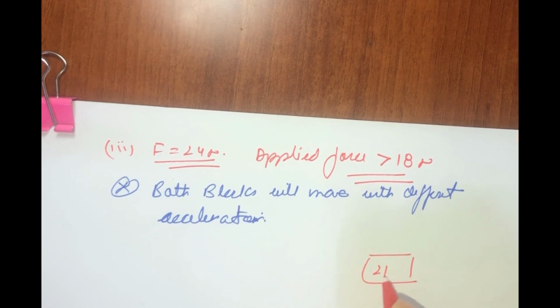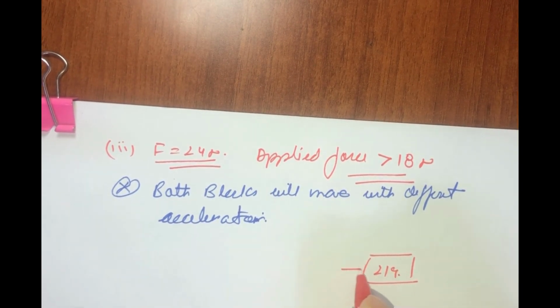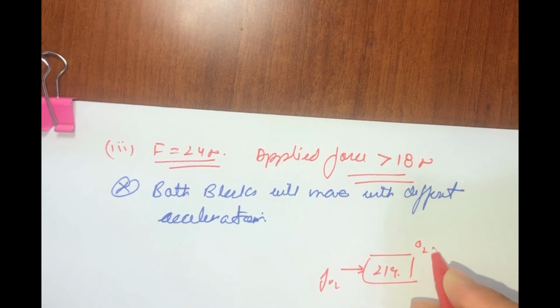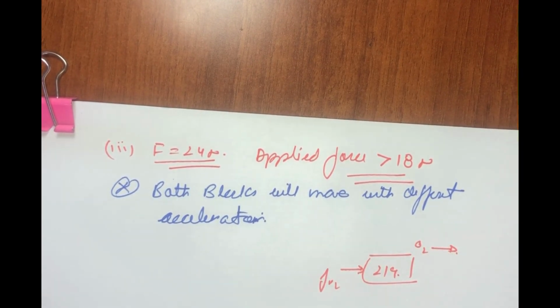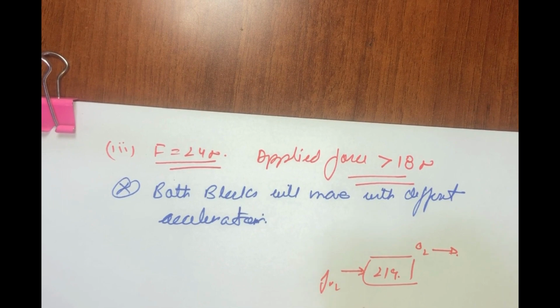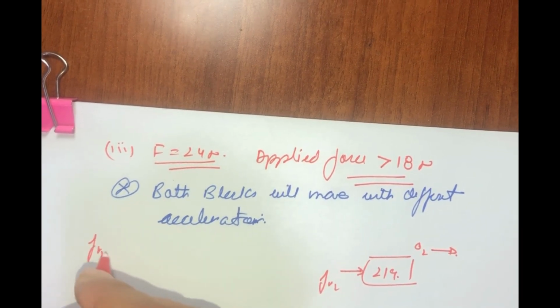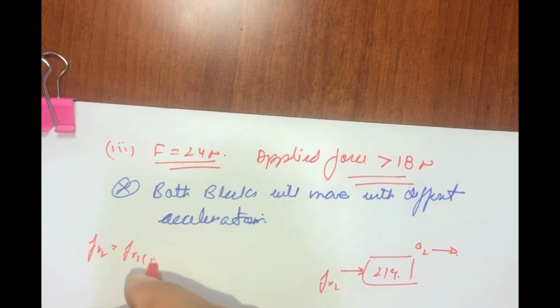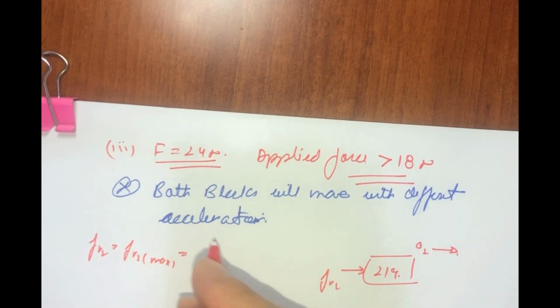So let us do it for, first of all, block 2. So this is about 2 kg, and we have this Fr2, and acceleration is A2 in this direction, and we already know that Fr2 will be equal to Fr2 max, which is equal to 4 Newton.